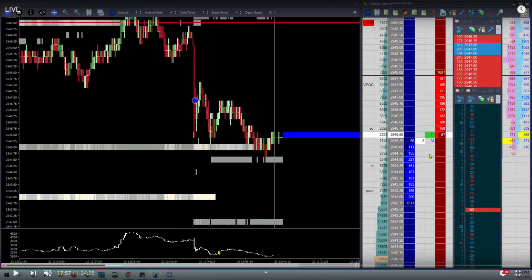When it comes to scalping, it's not that great, guys. You just need to understand the market's behavior. You need to understand auction market theory, profiles. You need to understand how to read the tape and order flow. And in my opinion, that's all you really need to be able to find great setups in the ES.